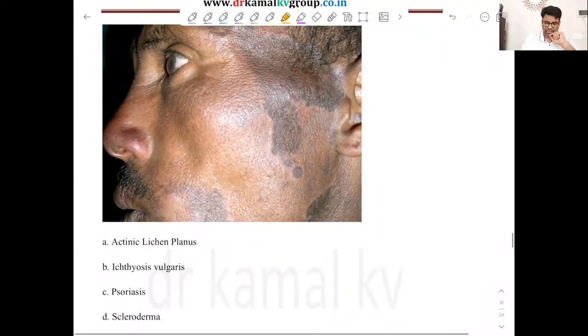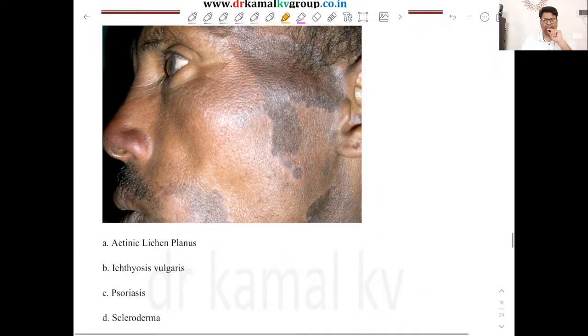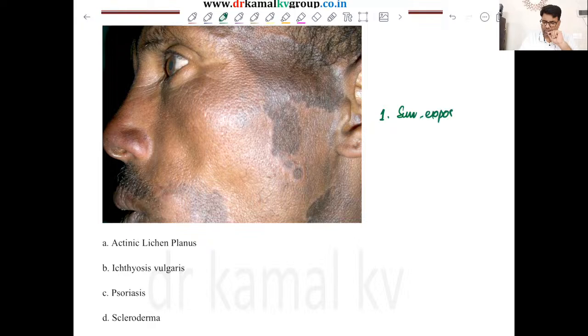Now what condition is this? Again, it is slightly difficult from the student's part, but I just kept it so we can discuss the concept as such. Now number one, this lesion is seen on a sun exposed part. Number one, it is present on the sun exposed part. Okay.